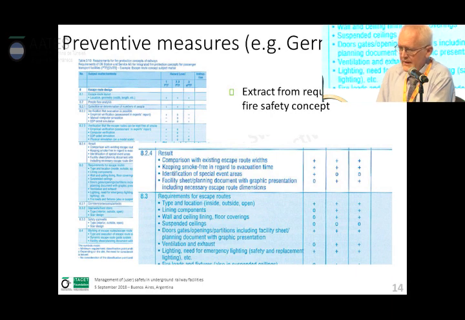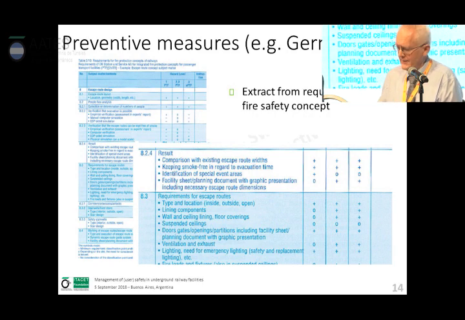This is only an excerpt from a long list of preventive measures which you are supposed to do for German rail, for underground stations. By the way, this list is a copy of a book like this. It has about 500 pages, and you see how complex fire safety is.